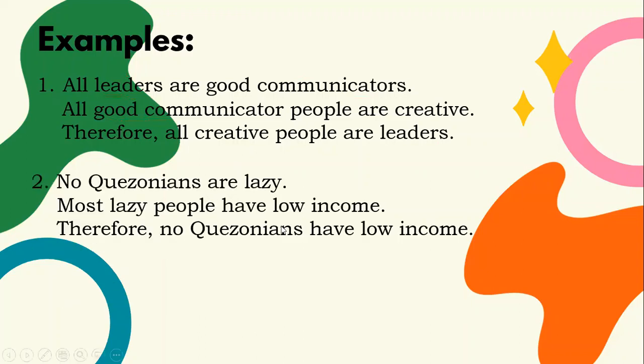With this second example of categorical syllogism, what is the predicate term? Anong predicate term natin, mga anak? Yung low income po, ma'am. Yan, low income. And the subject term? Quezonians. Quezonians lang, ha. Do not include the quantifier. So Quezonians lang yung subject term natin.